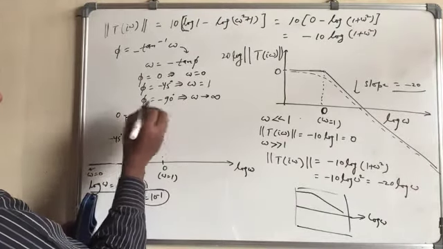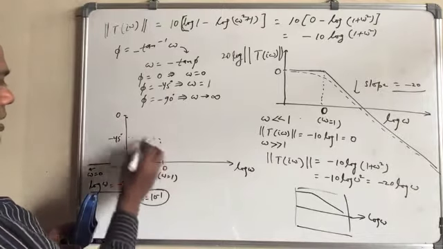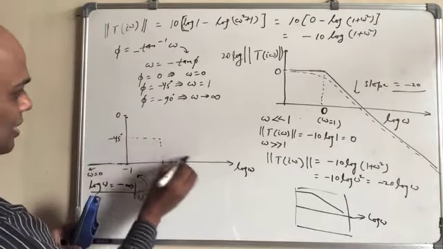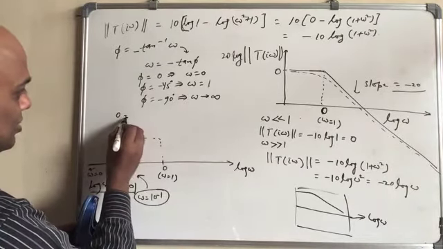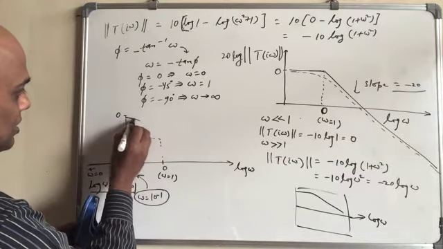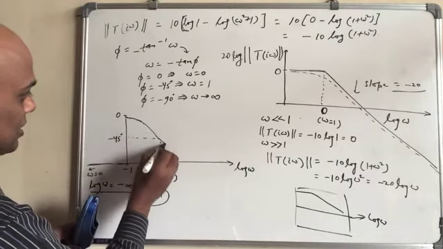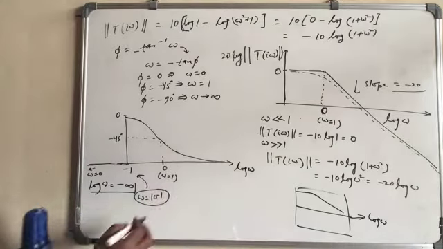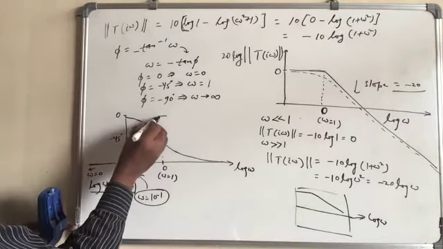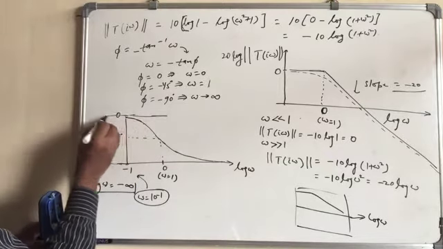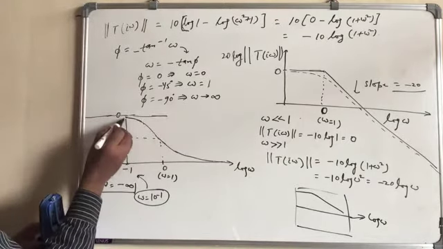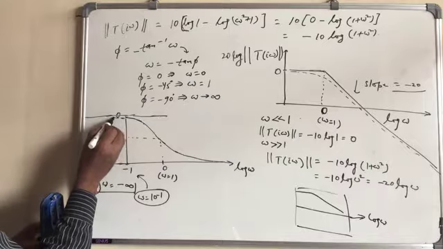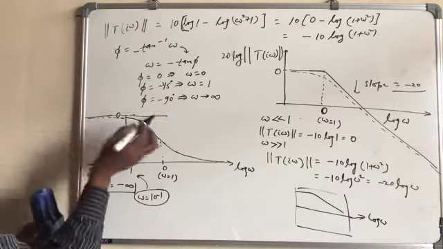So let's say we start from here, and from here it is going to go like this. What we will see is this is an asymptote basically, and finally this will be 0 at minus infinity somewhere.